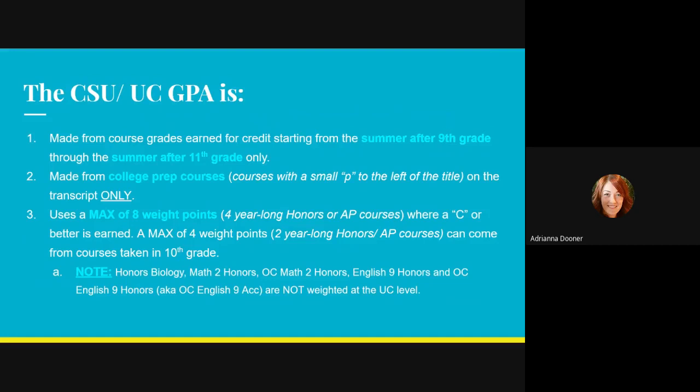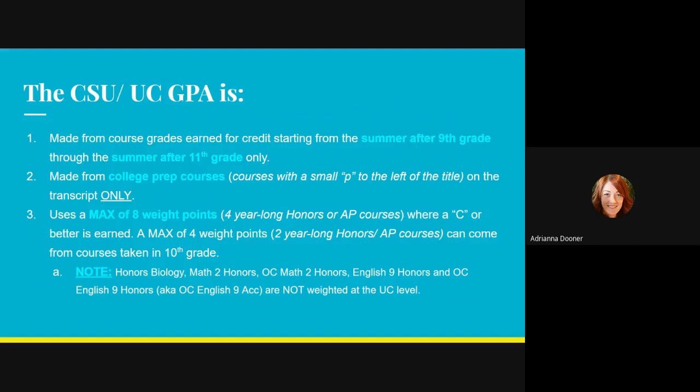Another thing that's unique about this GPA is that it has a maximum number of weight points that a student can bring with them to the GPA. They even go as specific as to tell you that only a certain number of AP or honors courses can count towards this GPA in 10th grade, and the remaining can count from 11th grade. We actually encounter this a lot.